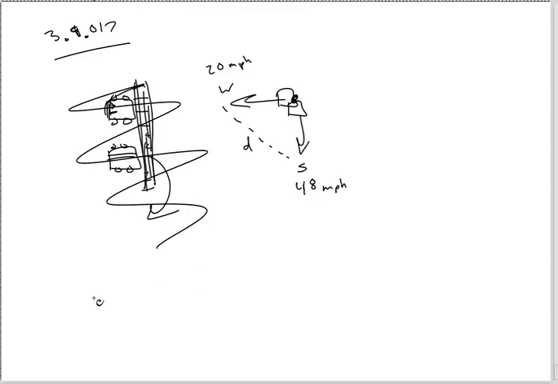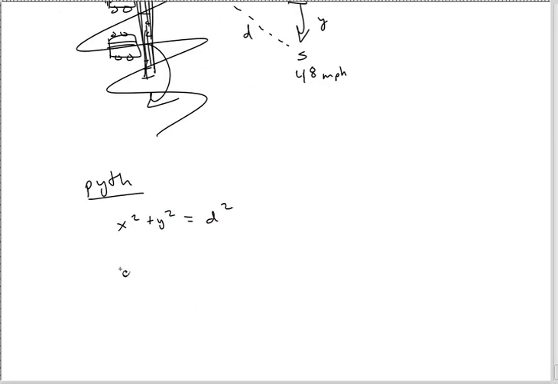Let's do Pythagorean theorem. Let's call this x and let's call this y. Pretty simple. So x squared plus y squared is equal to d squared, the distance between them. I'm going to start by trying to find some derivatives.